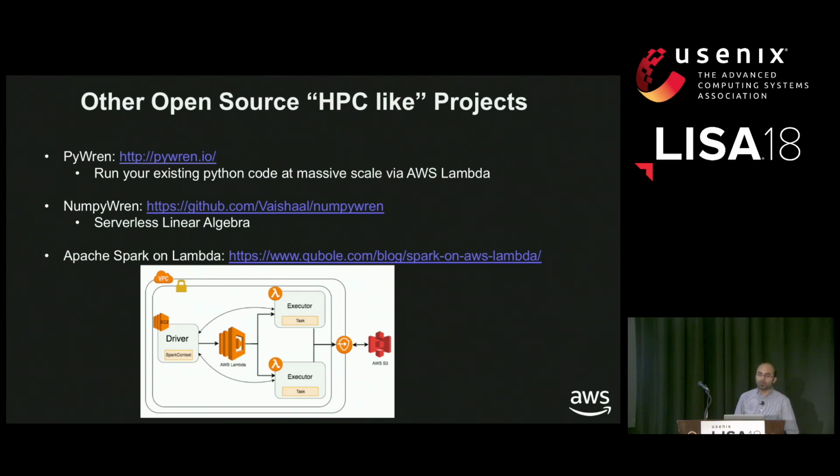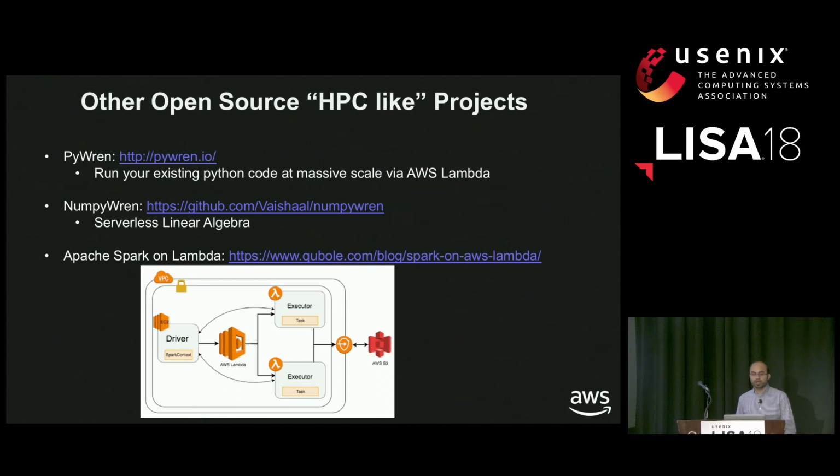What about more sophisticated projects? There are a couple of projects up there. The first 2 are from UC Berkeley. PyWren is a Python execution environment at scale. You can map any function and run it.